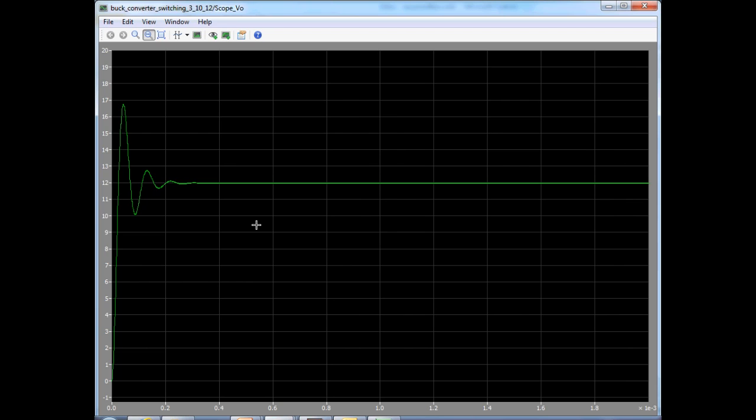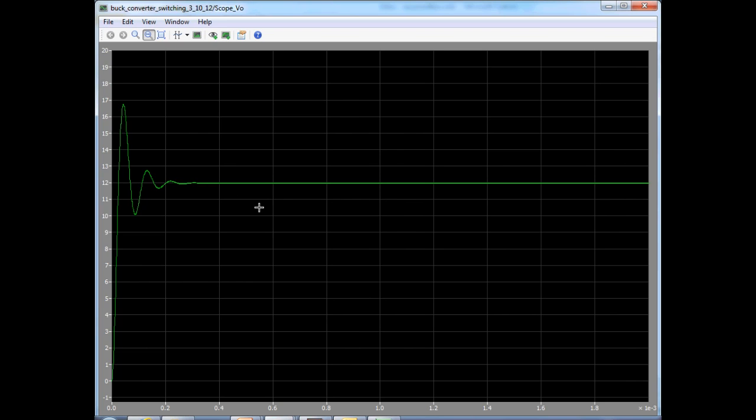We went from 200 microfarad to 10 microfarad. Therefore the resonant frequency, which is 1 over 2 pi square root LC, has increased, and also the damping of that resonance is significantly increased. So the oscillations die down within a few resonant cycles, and we reach steady state within about 0.3 millisecond.